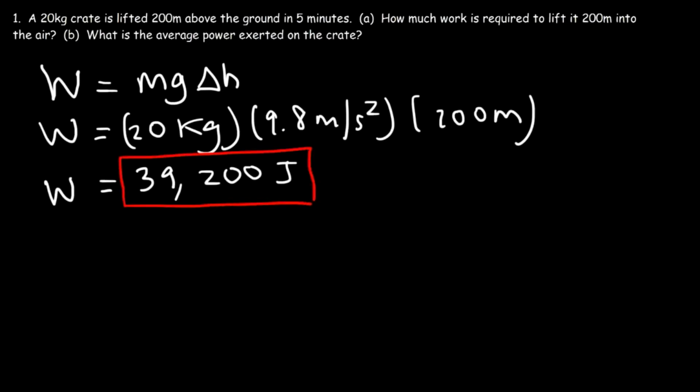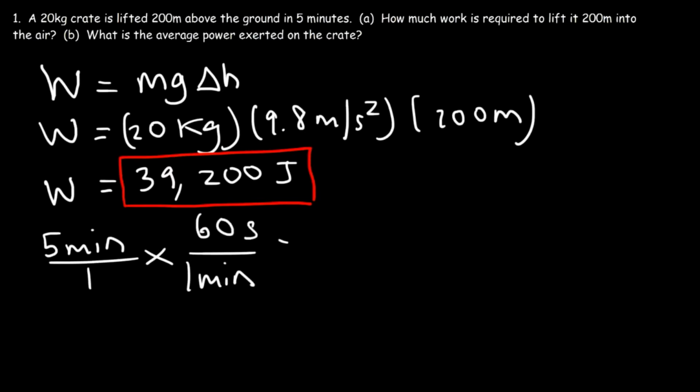Now, how much power is exerted on this crate? The crate is lifted 200 meters in 5 minutes, so we need to convert 5 minutes to seconds. Each minute is equivalent to 60 seconds, so 5 times 60 is 300.